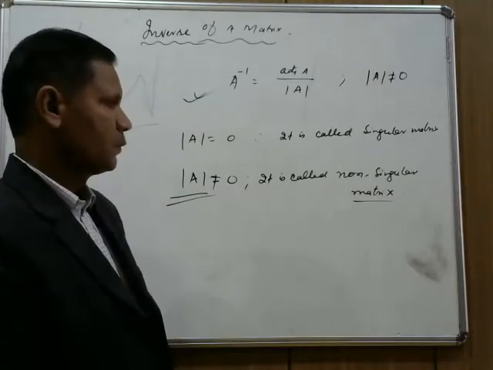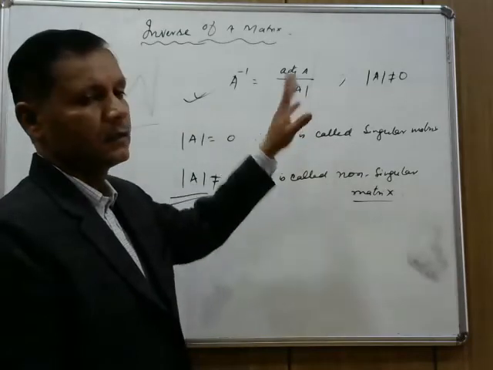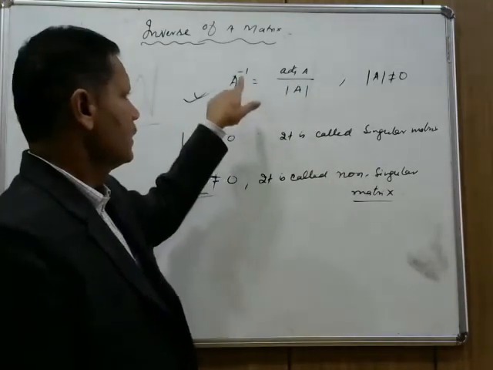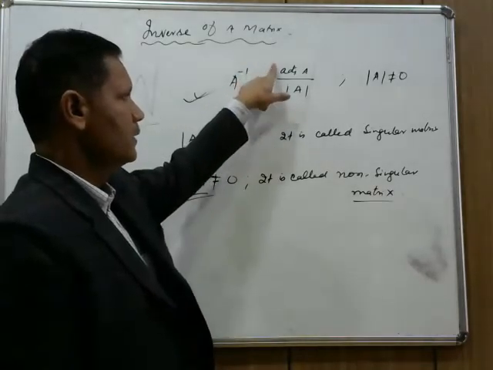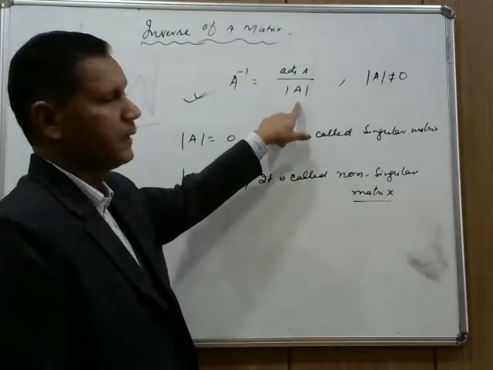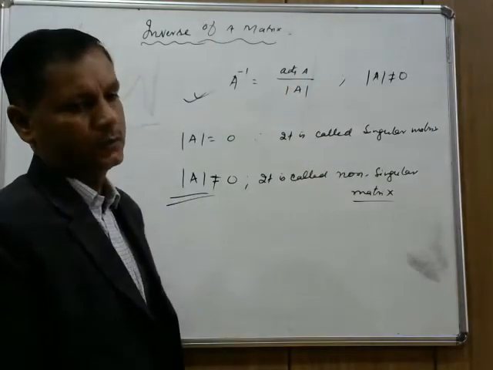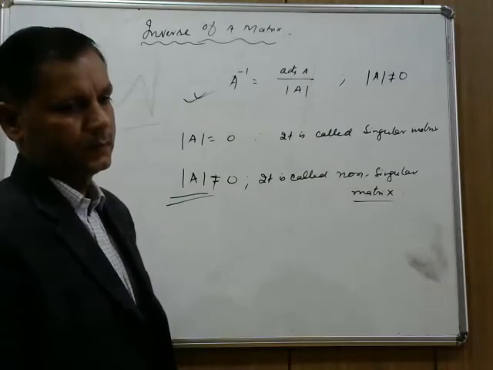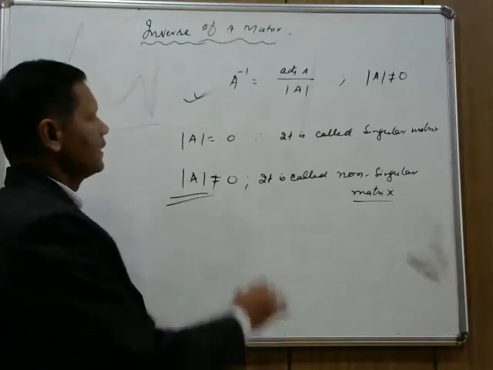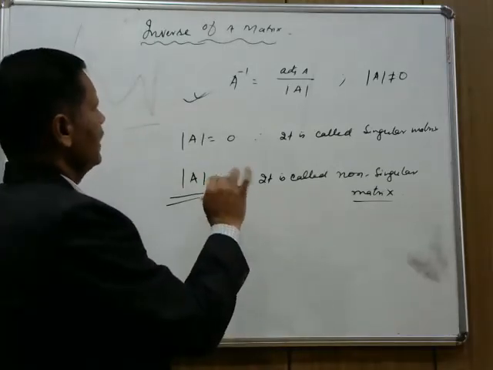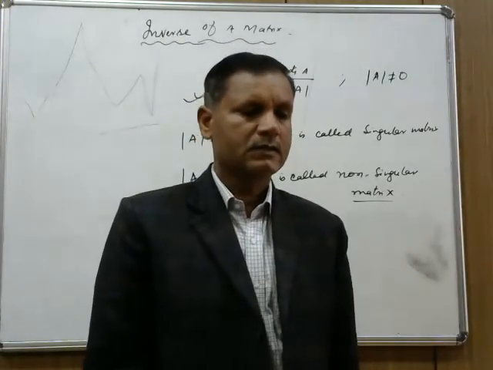Otherwise we cannot, because in that case these terms will not be defined, since the inverse of any matrix is equal to adjoint of A upon determinant of A, and here determinant of A must not be equal to 0. Is it clear to all of you now? And the inverse of a matrix is unique.